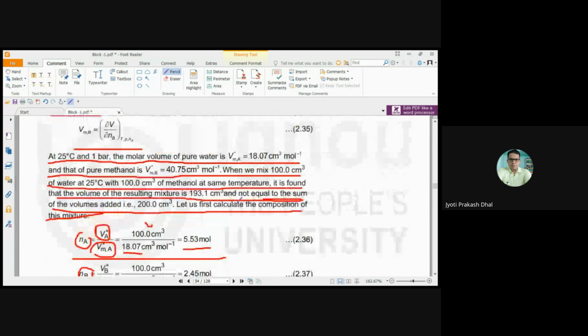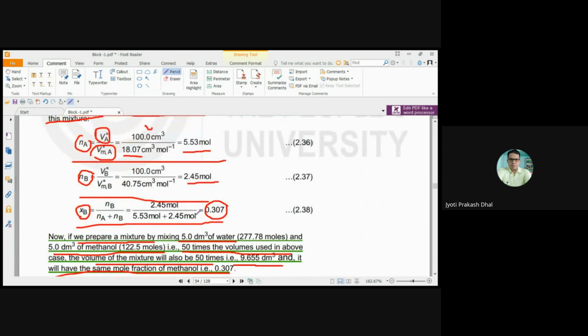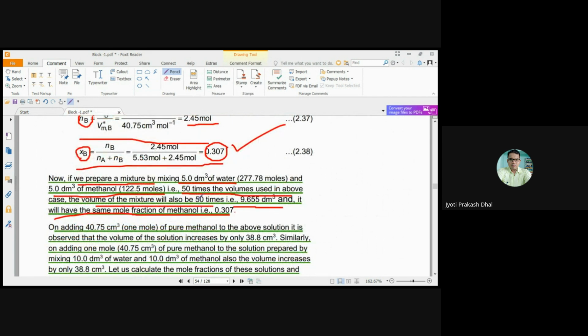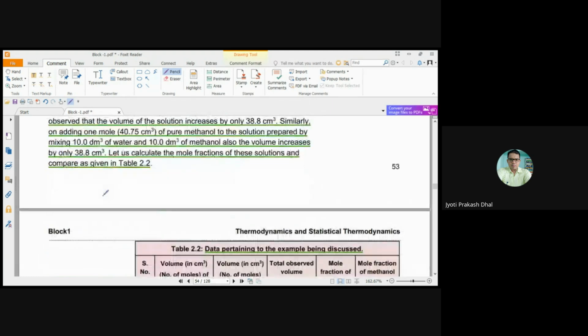So initially we added 100 ml of water and 100 ml of methanol, and we find the mole fraction of methanol is 0.307 and the mole fraction of water is 1 minus 0.307. Similarly, if we use a smaller amount of water with the same proportion of methanol, we will find the exact same mole fraction.